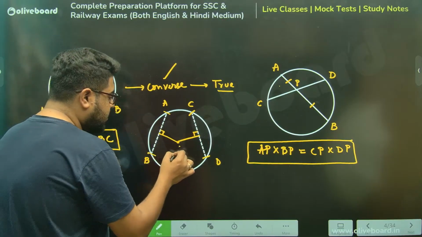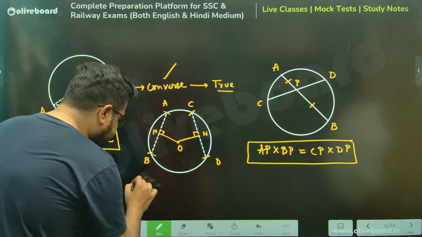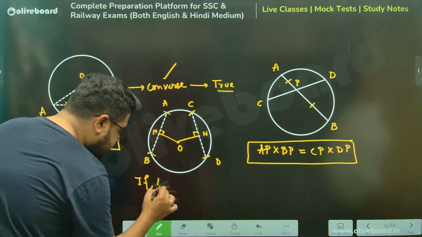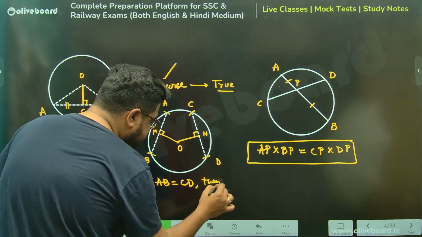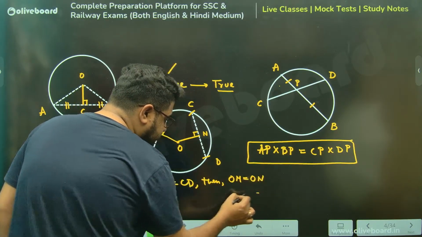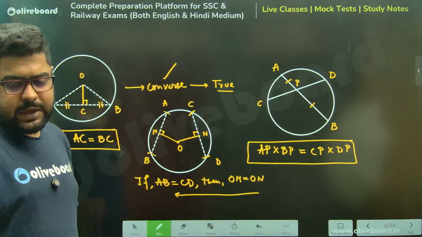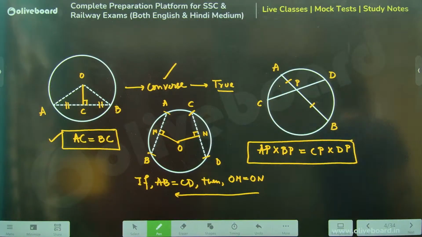Meaning, if I name it O, this is M and this is N. If AB equals CD, then OM must be equal to ON. But remember, reverse is also true, sir. If OM equals ON, then also I can conclude that AB is equal to CD, sir.